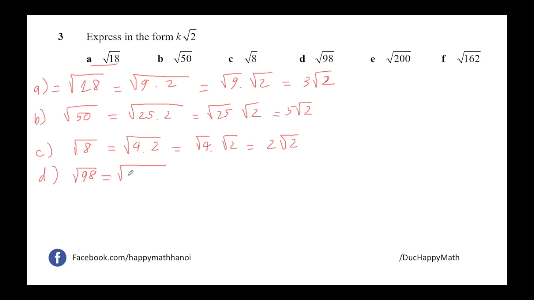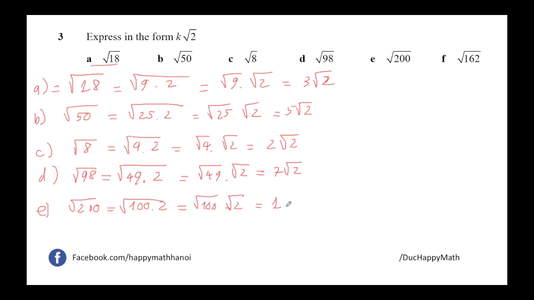The square root of 49 times 2. So the square root of 49 times the square root of 2 becomes 7 square root of 2. E. 100 times 2 equals the square root of 100 times the square root of 2.